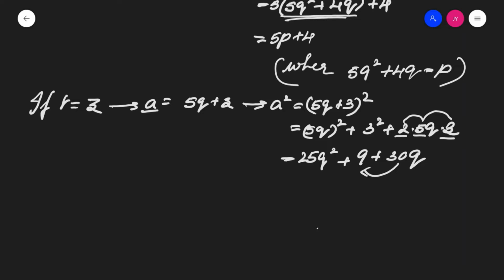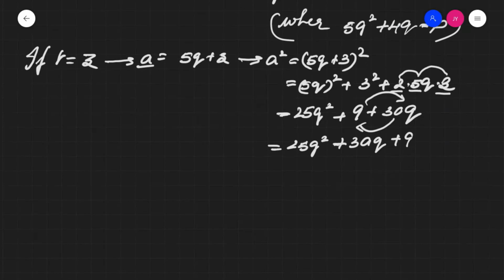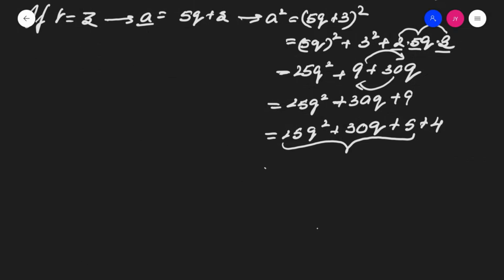We are going to rearrange the terms. It will be 25q square plus 30q plus 9. We can write 9 as 5 plus 4, right? 5 plus 4 is 9. So we are going to take common 5 in these three terms now.